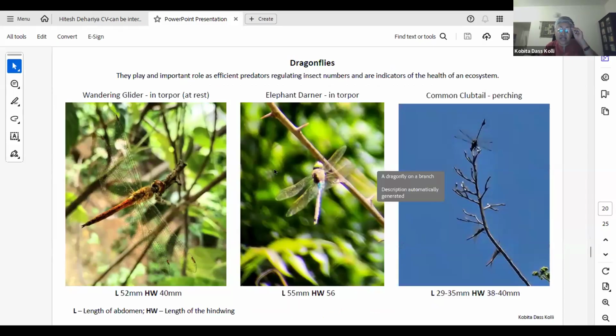Okay, these are, again, dragonflies are tricky, but great for identification. They do hang out on plants, especially when they're in torpor, in late evening, at dusk, and then early mornings. You may find them on plants like this.